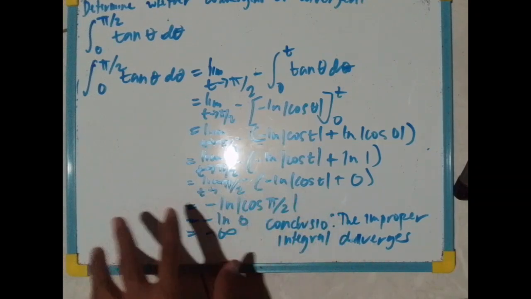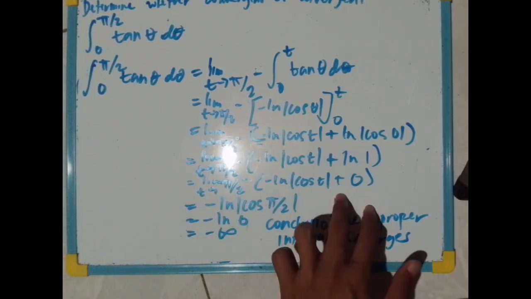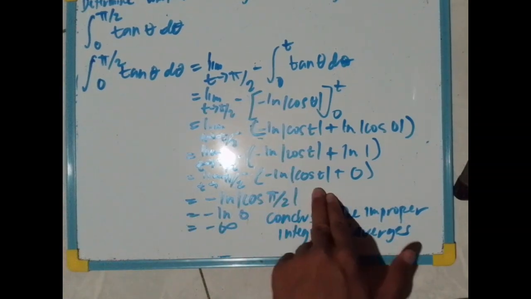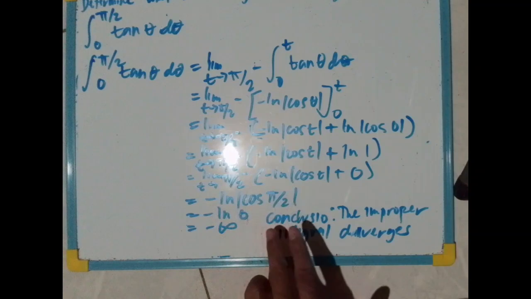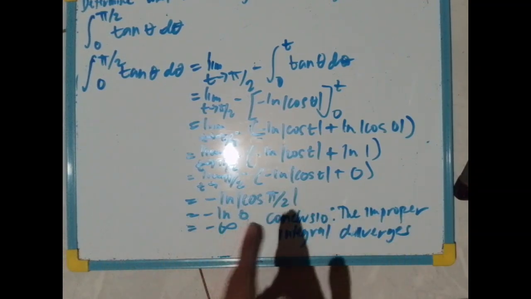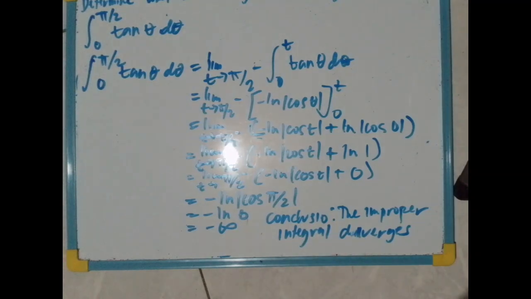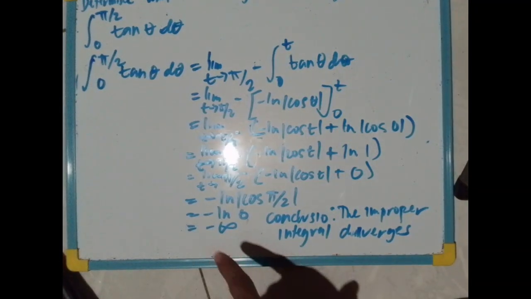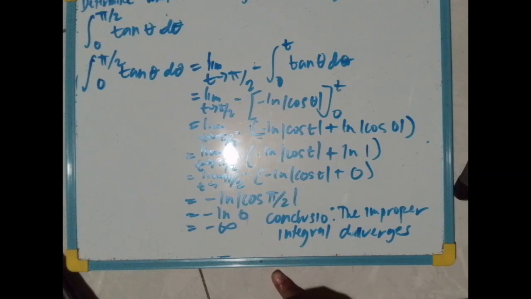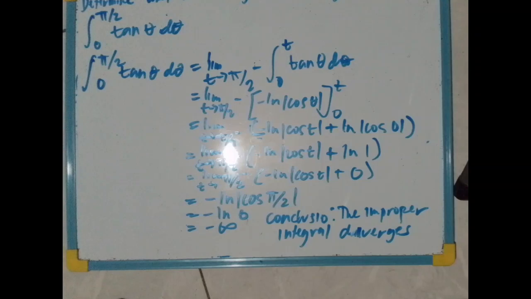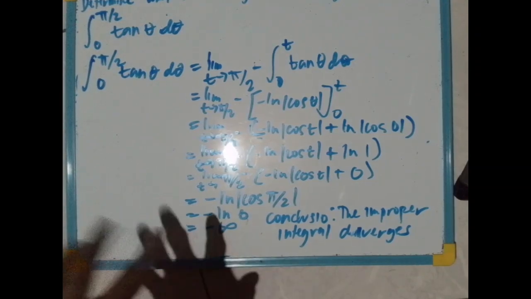Now applying the limit, the limit of 0 is 0, so we don't write that. The limit of this will become negative ln of the absolute value of cosine pi over 2. Cosine pi over 2, if we use our calculator, is 0, so we have negative natural logarithm of 0. The natural logarithm of 0 is undefined, so we can represent this as infinity.